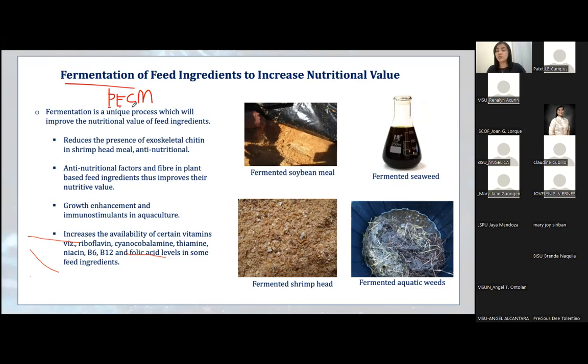It's because most of the feed ingredients that we have now, especially if it is derived from plants, have anti-nutritional factors. Okay? So these anti-nutritional factors, for example, yung mga phytates, yung mga lignin, pag hindi siya natanggal, for example, nilagay mo siya sa feeds, it can affect.